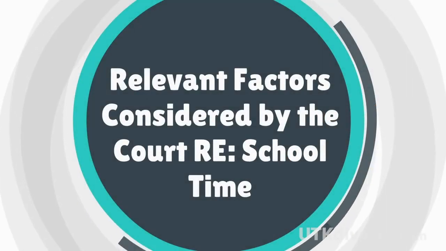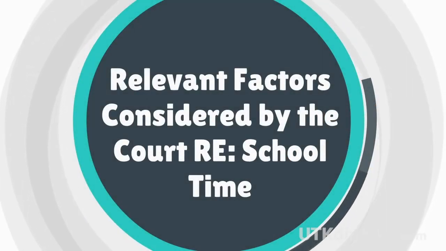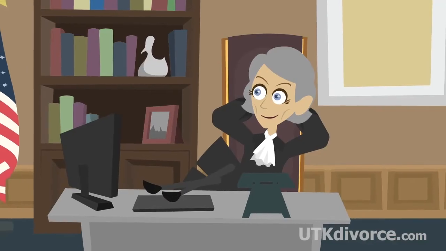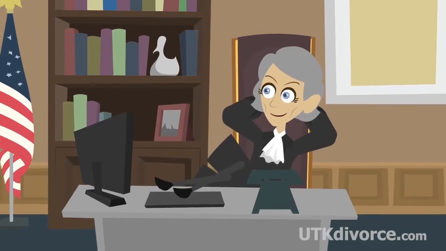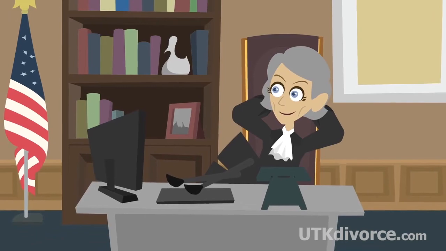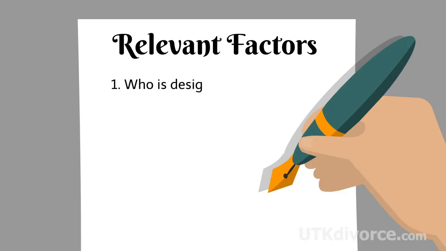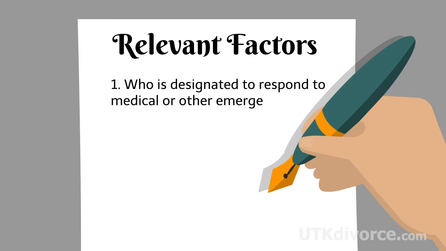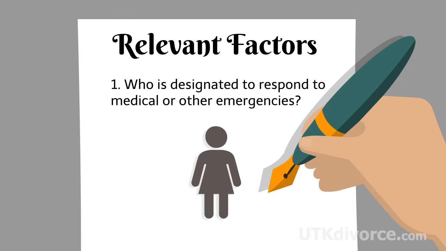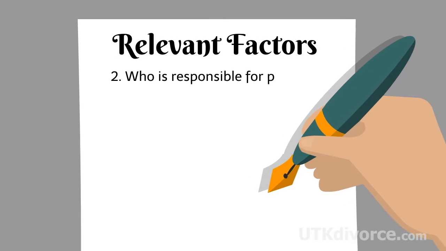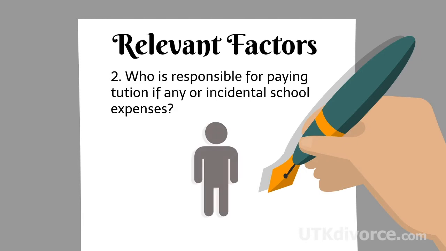Relevant factors considered by the court regarding school time. The relevant factors considered by the court in allocating school time are as follows. 1. Who is designated to respond to medical or other emergencies, i.e., who is on the school emergency notification card? 2. Who is responsible for paying tuition, if any, or incidental school expenses? 3.